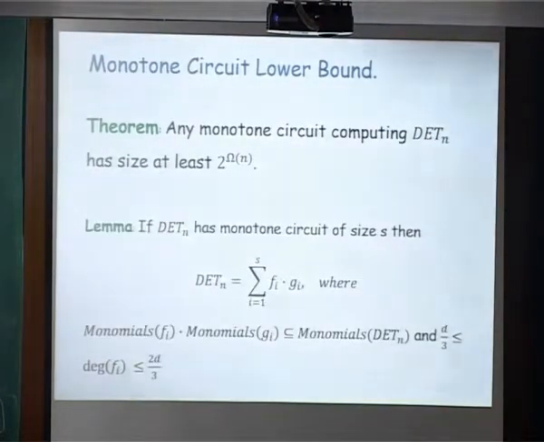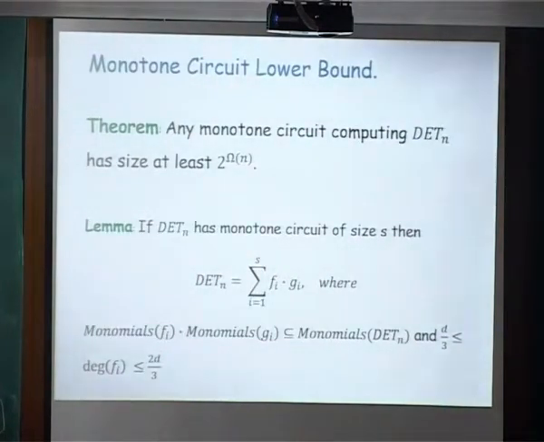Okay, so here's a lemma. The proof of this lemma is very similar to the arguments involved in depth reduction. Intuitively, suppose you have a circuit of size S computing a polynomial, say the determinant. Then you can express it as a sum of products of polynomials.